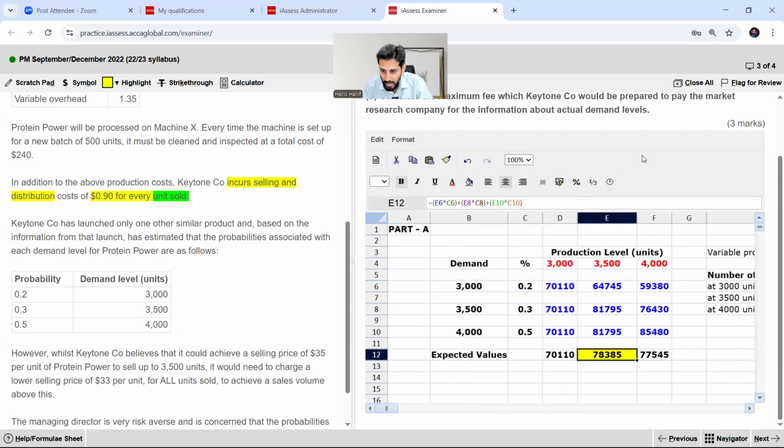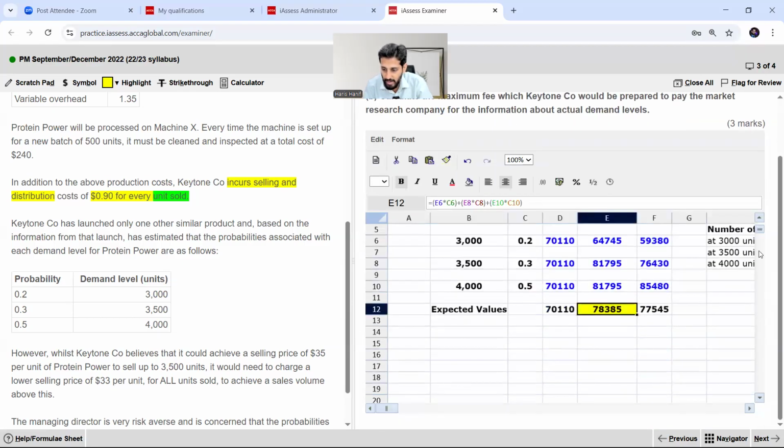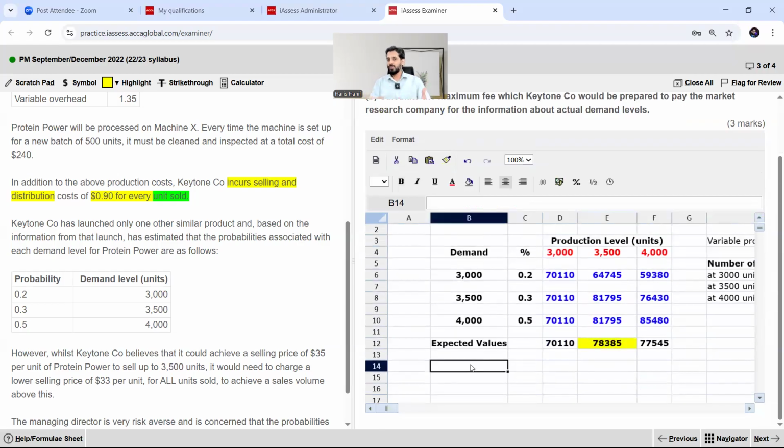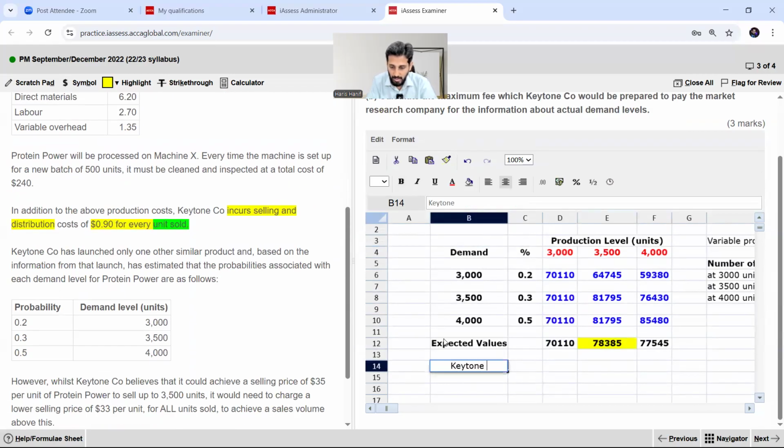And so, based on the expected value, we should produce 3,500 units. We should produce how many units? 3,500 units. So what's the name of the question? That is Ketone company.